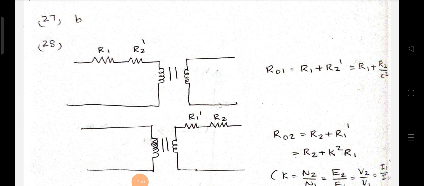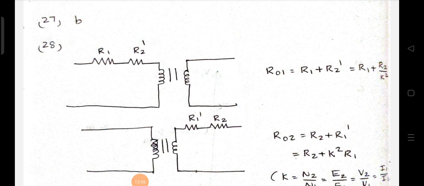So when resistance is transferred from secondary to primary, R2 dash is replaced by R2 by K square. K is nothing but N2 by N1, whole square. If it comes to the numerator, N1 by N2 whole square, right? That is, the R2 dash value is equal to R2 into N1 by N2 whole square.